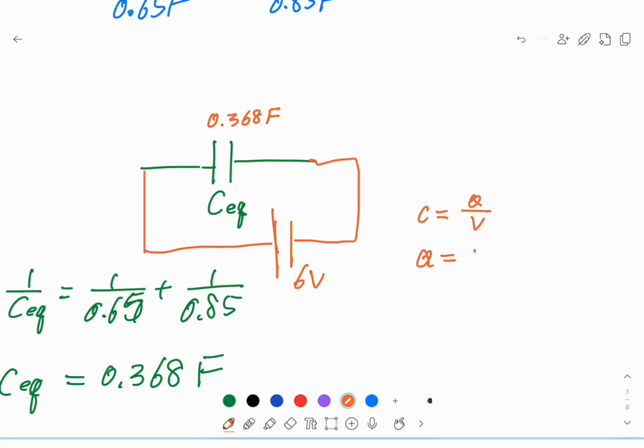So this is CV. The C is 0.368, V is 6, and this is in coulomb. So this is equal to 2.21 coulombs.